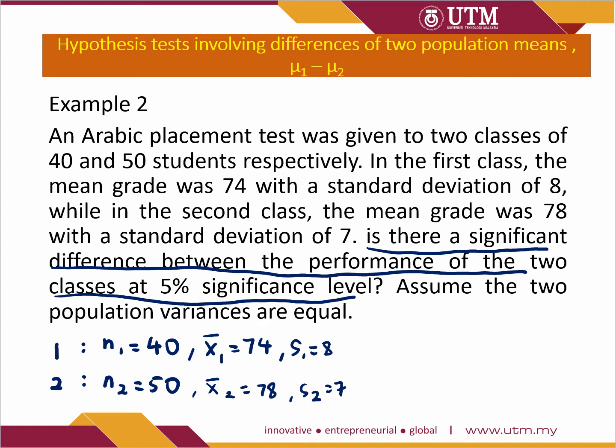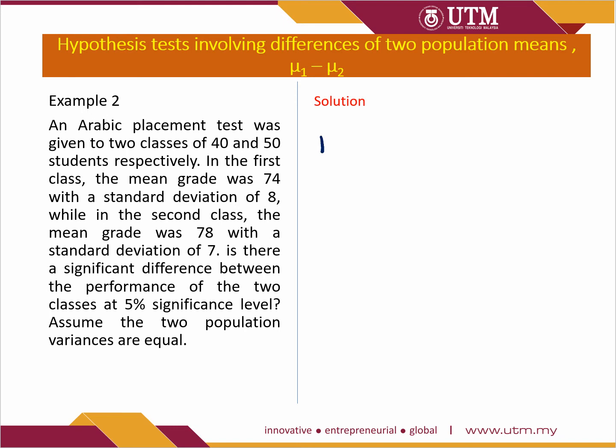Given that we have to make the assumption that the two population variances are equal, this is case 2, condition 1, where the population variances are equal. Given alpha equals 0.05, now we have to define the hypotheses. H naught is that the mean of the first class equals the mean of the second class, and we make a claim: is there any difference between the performance of the two classes?